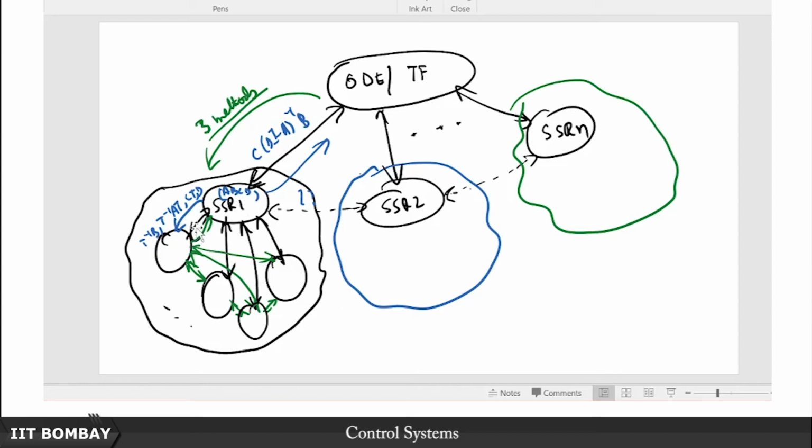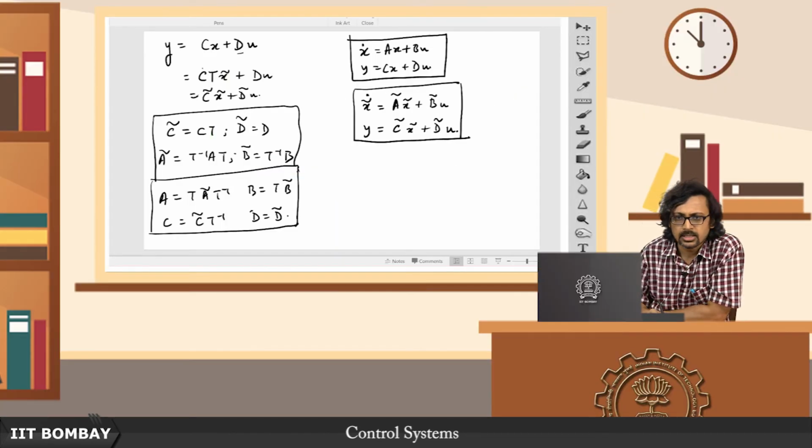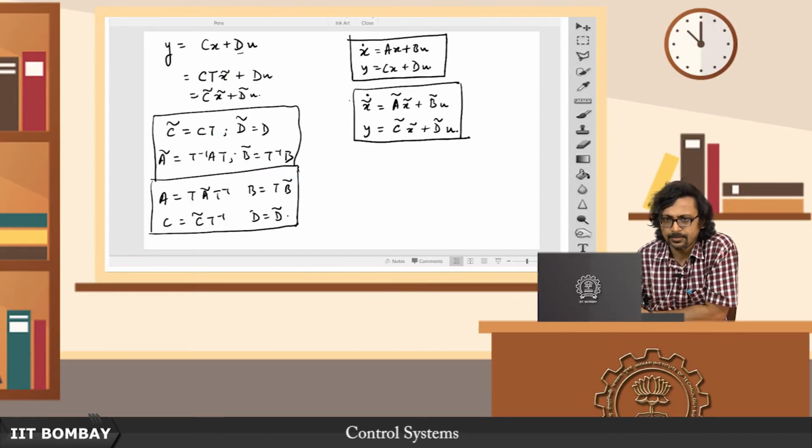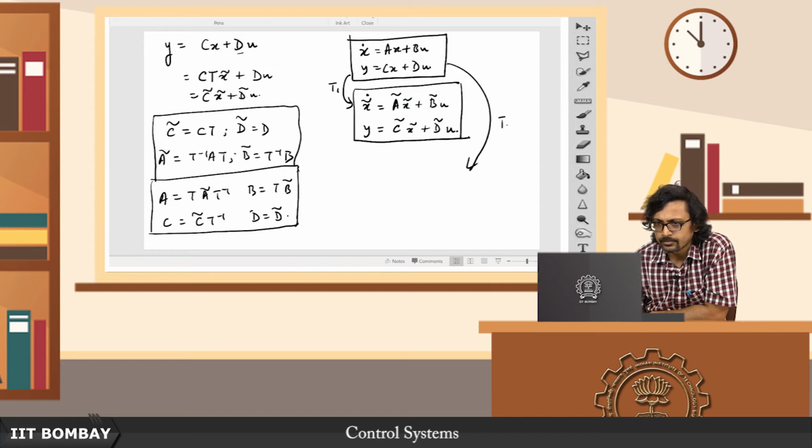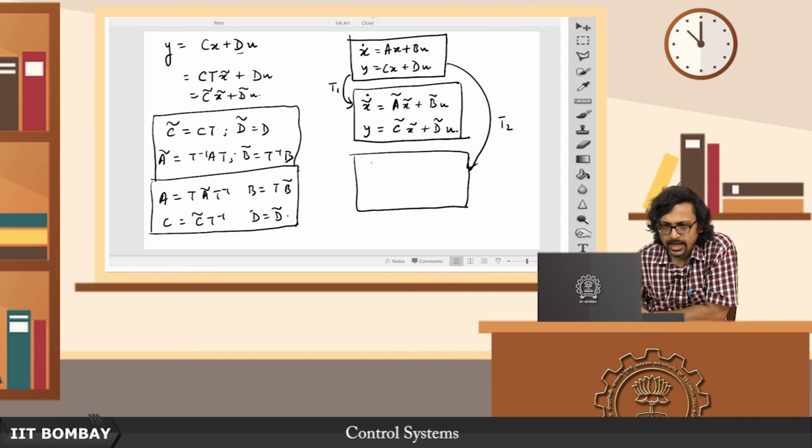There is no doubt about this connection now at least. The connection that I have not yet established is that I can go from this to this. So what am I going to do there? Suppose I have this system and using the matrix T1 I have gotten from this to this, but using the transformation matrix T2, I get, let us say, x hat dot is equal to A hat x hat plus B hat u, y is equal to C hat x hat plus D hat u.